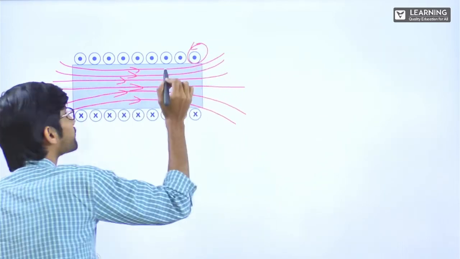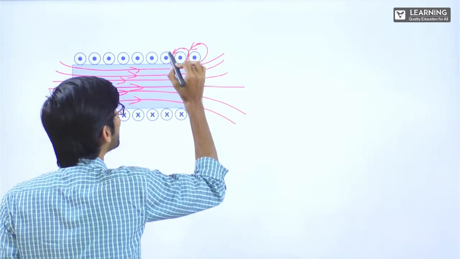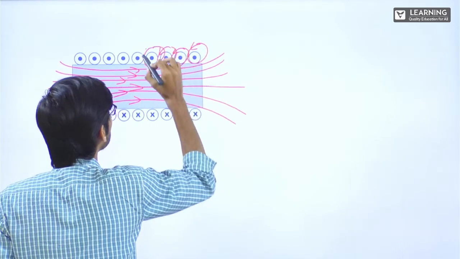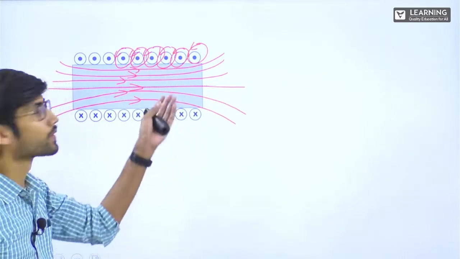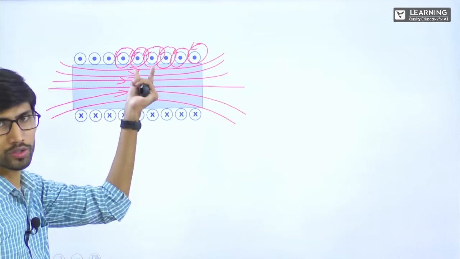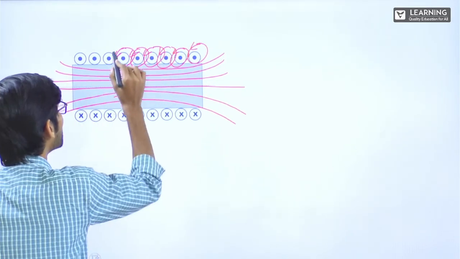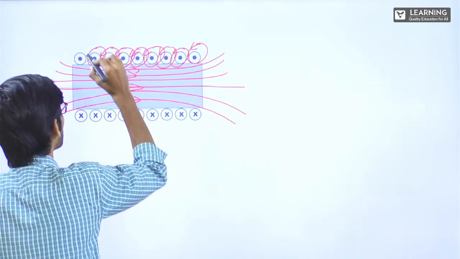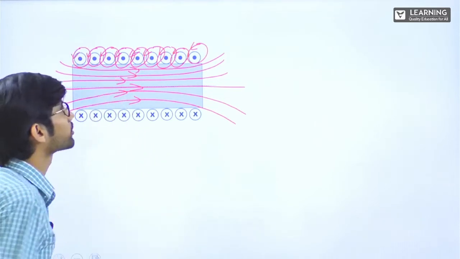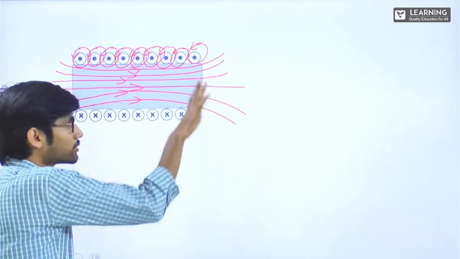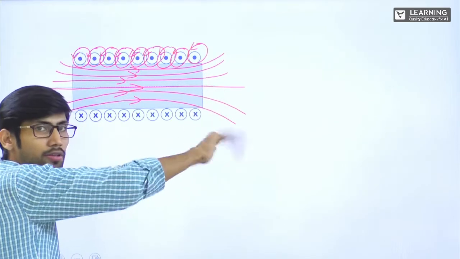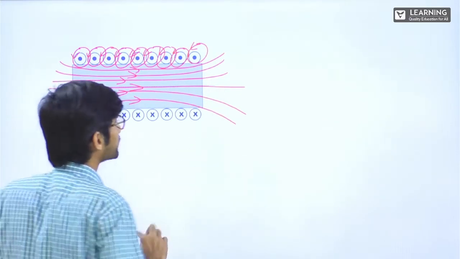So from each wire, the magnetic field around it will be anti-clockwise. These are not crossing each other, they are not touching each other. Since they are very close, I cannot show you without touching, that's why it is showing like this. Just like electric field lines, we have already studied the properties of magnetic field lines, right? Here, the current is going inside, so the magnetic field lines will be in the clockwise direction.